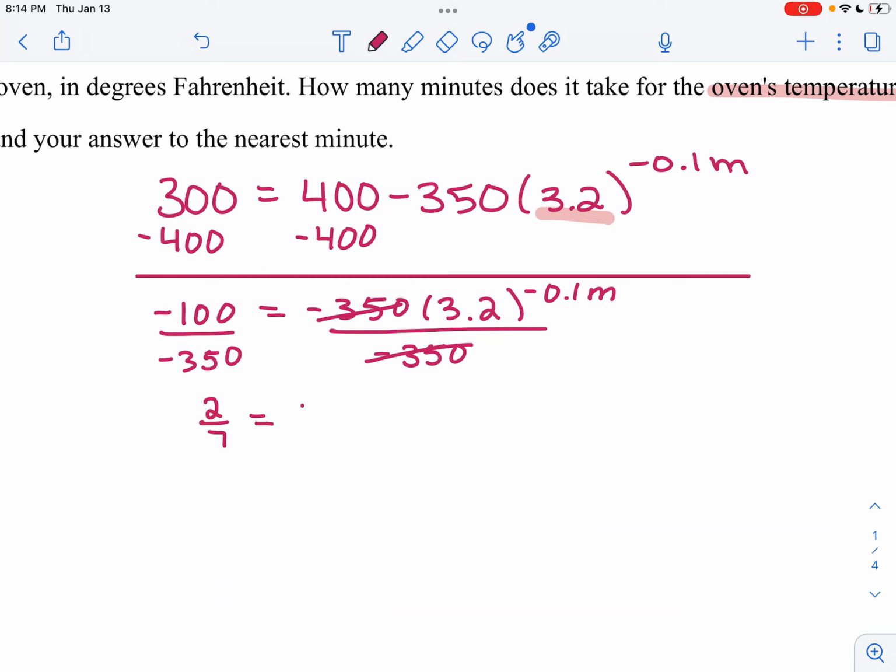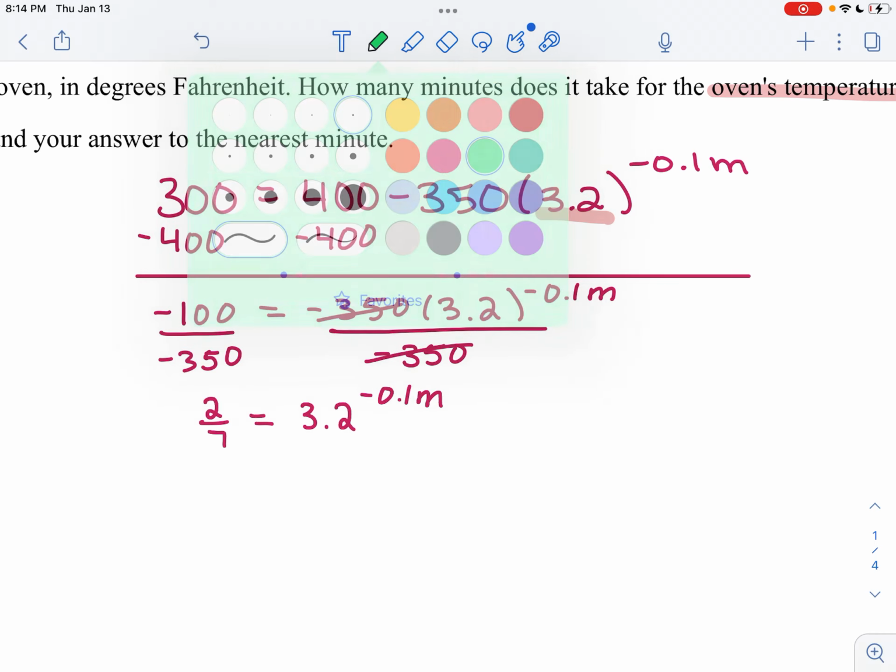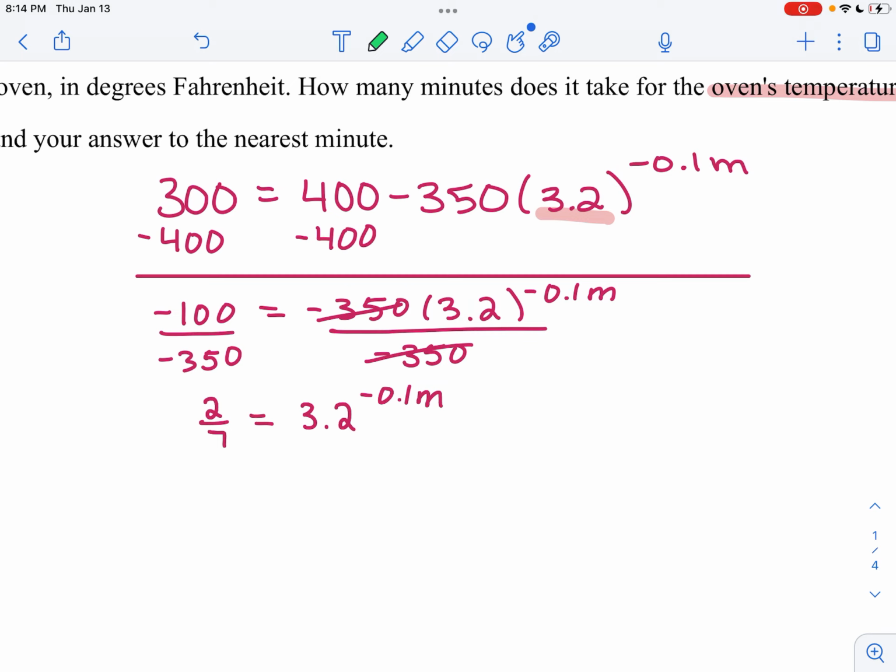2/7 is equal to 3.2 to the negative 0.1m. So I'm just going to use the conversion on this one, converting to log form. So we're going to circle the base, run the race.